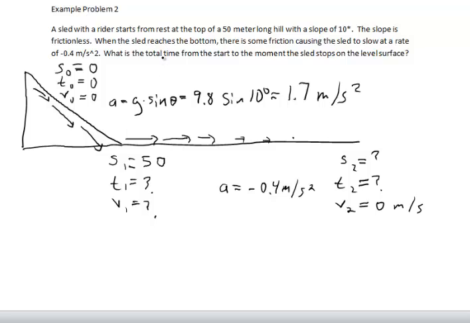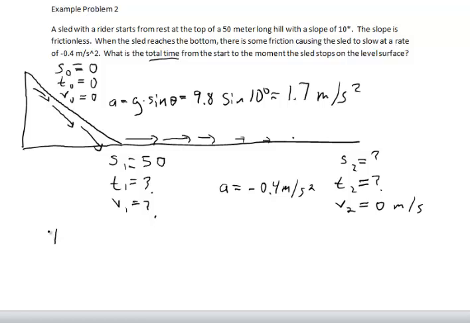Alright, the goal here is to get the total time. So to get the total time, we have two different acceleration rates taking place. One down the incline, one as it slows on the level surface. So we'll solve for the time here, and then add to that time this time, and then the total time will be the final answer.